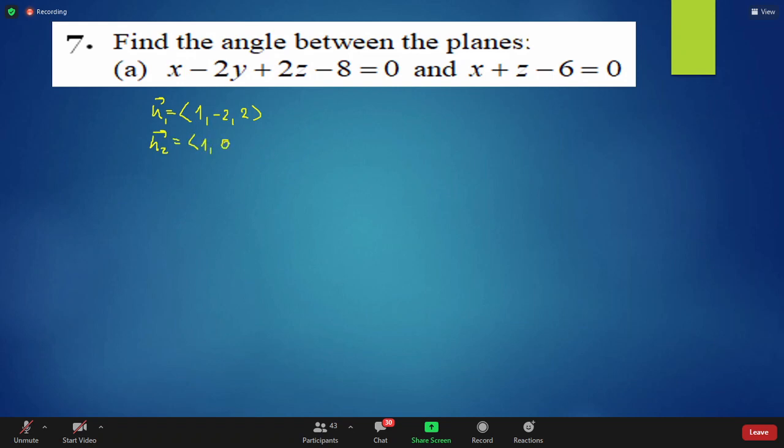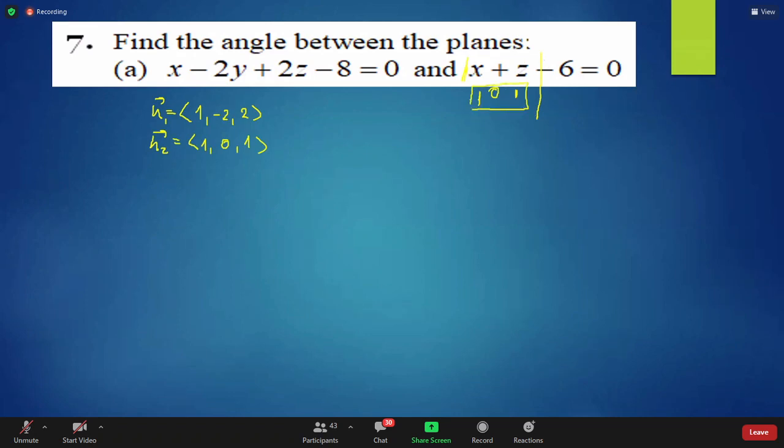Very careful, because x has coefficient 1. Y has coefficient 0, there's no y, and z has coefficient 1. See, minus 6 has nothing to do with the direction of the normal vector. We have these coordinates for the normal vector of the second plane.